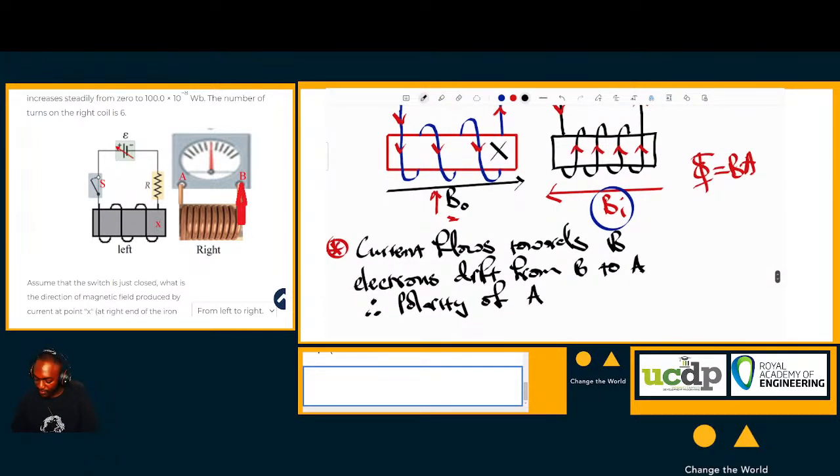Okay, yeah, I understand very well. So the polarity of A will be negative because the electrons are going to accumulate at A.